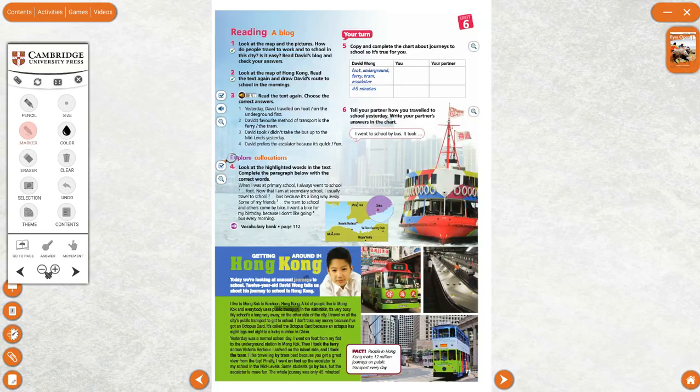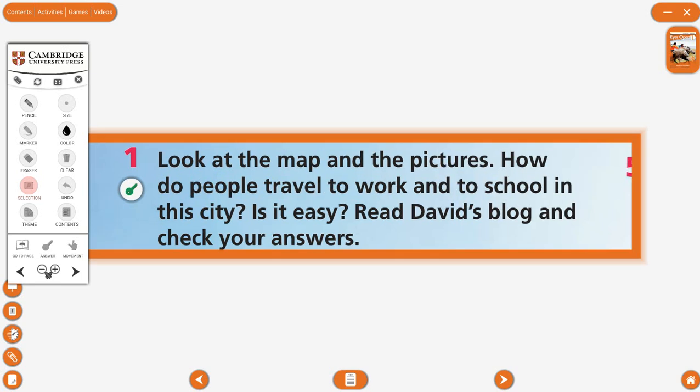Now we will look at exercise 1 and check our answer for this question. How do people travel to work and school in the city? They travel by ferry, by bus, by tram, by underground. Is it easy?